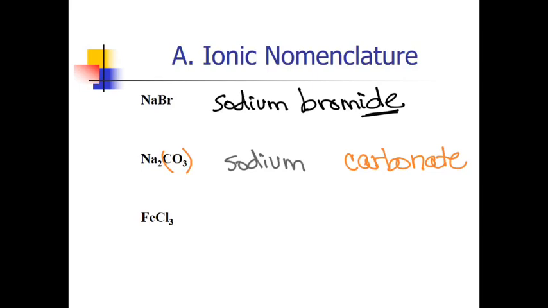For the next one, FeCl3. Now, when I look at that, I only see 2 elements. That's great. The name of Fe is iron. The name of Cl is chlorine, but because it's the second element, we have to change the ending to -ide. So this is going to be chloride, iron chloride.